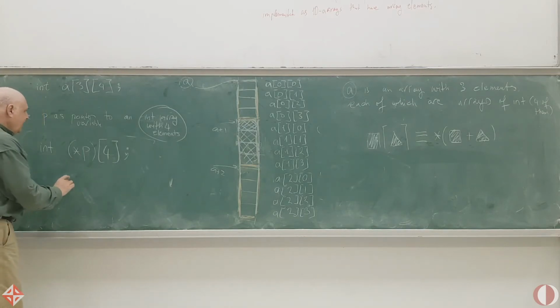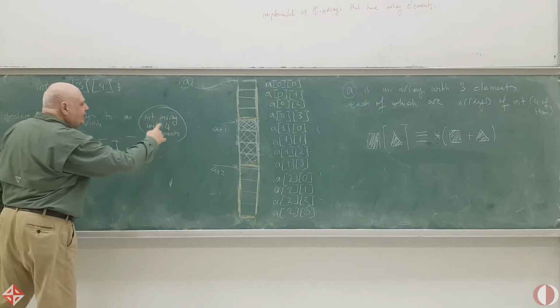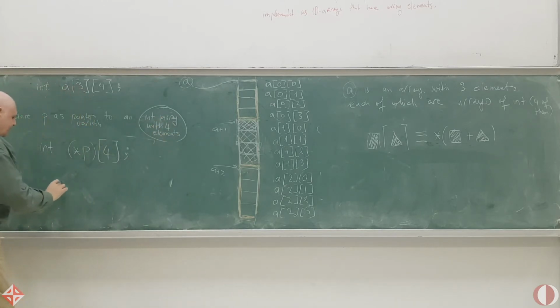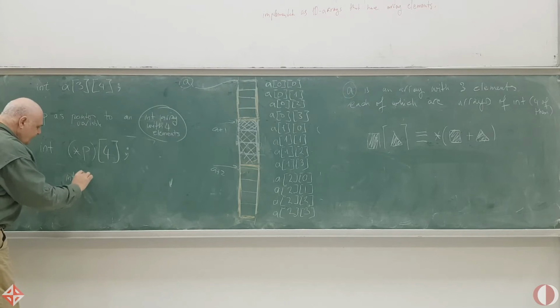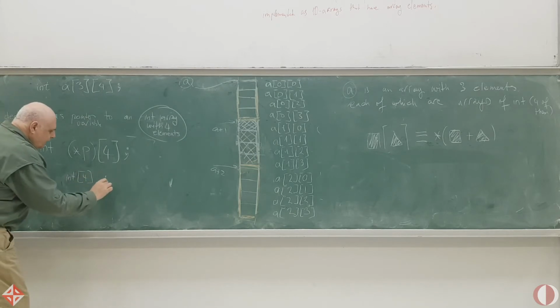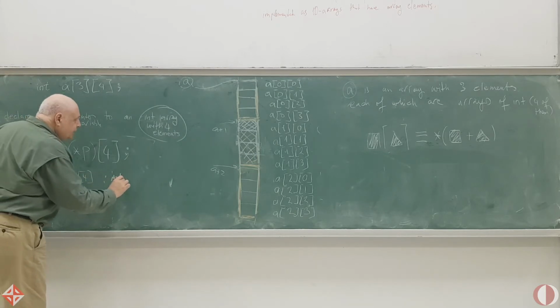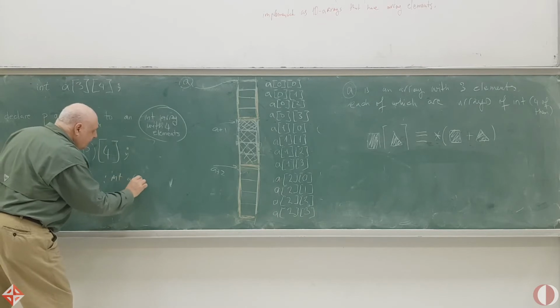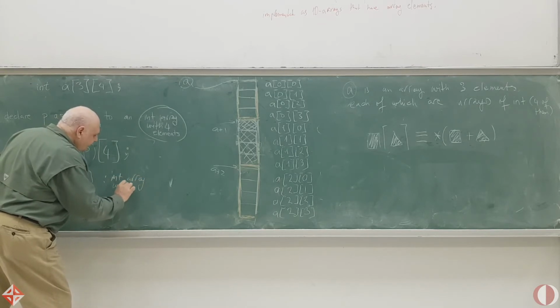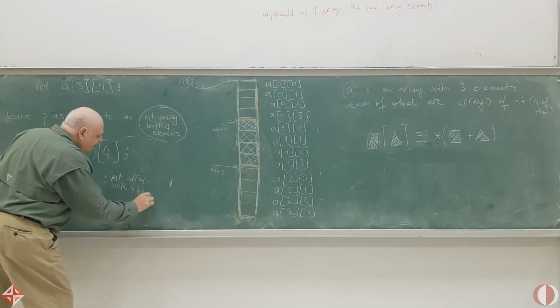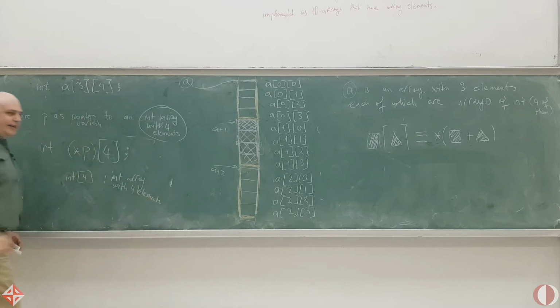So P is pointing to an integer array with 4 elements. This is integer array with 4 elements. Exactly.